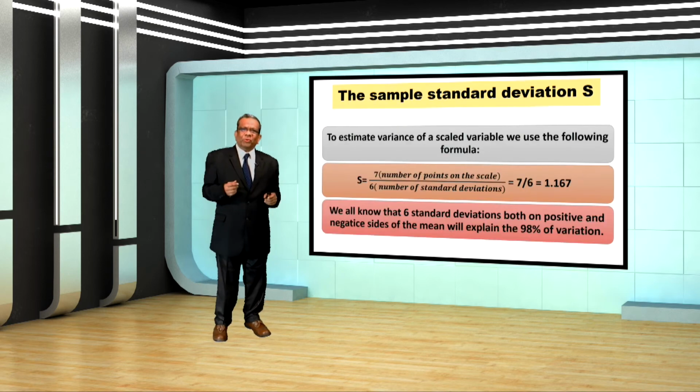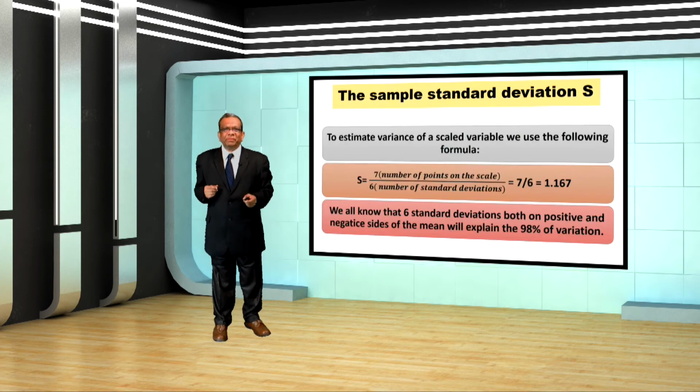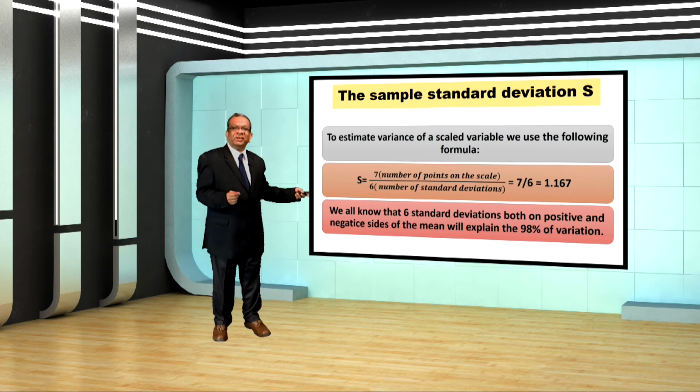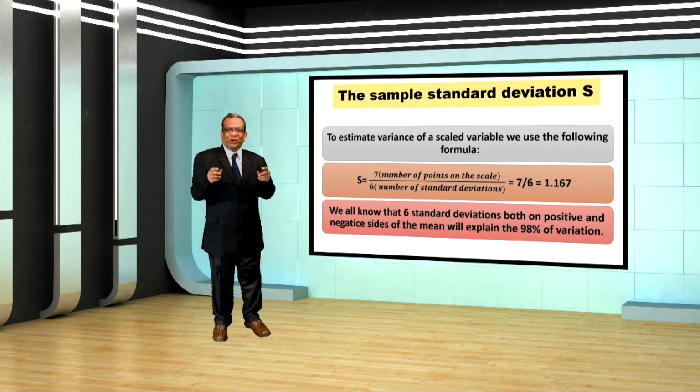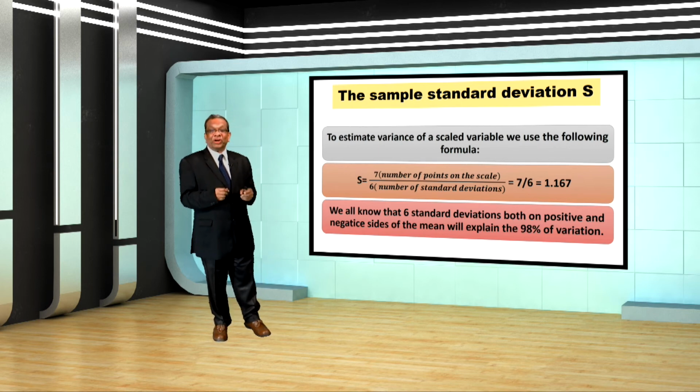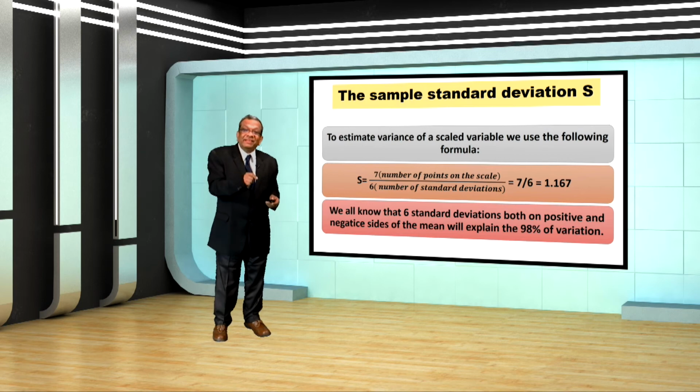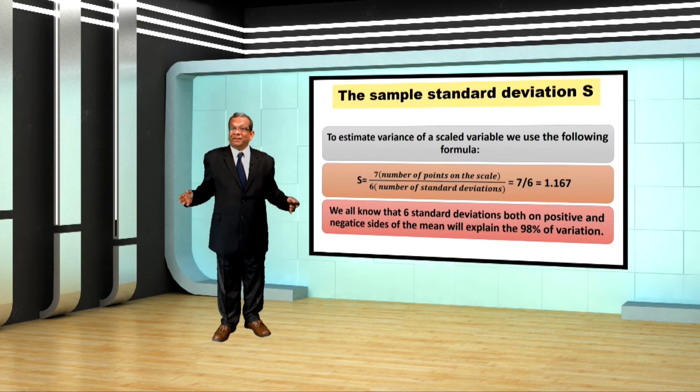Now, we will have another kind of measure known as the sample standard deviation. To estimate the variance of a scaled variable, we use the following formula. S is equal to, now you have a continuous variable, and in a continuous variable you have a 7-point scale, and this 7-point scale you have to distribute among 6 standard deviations.